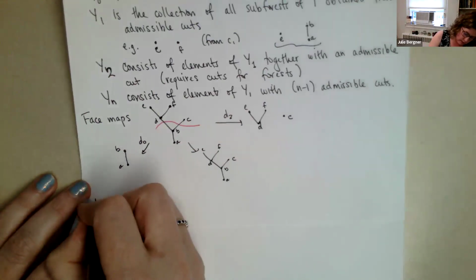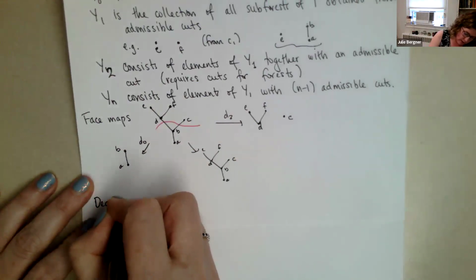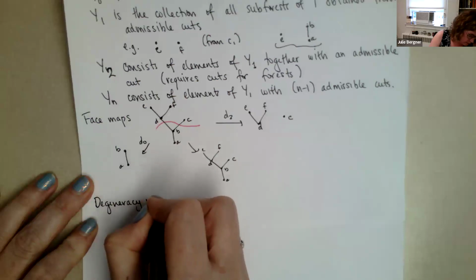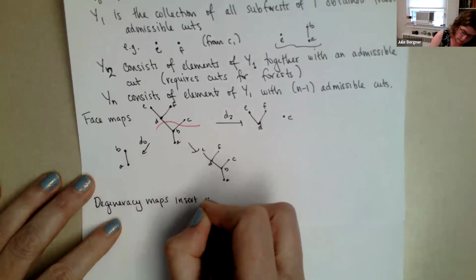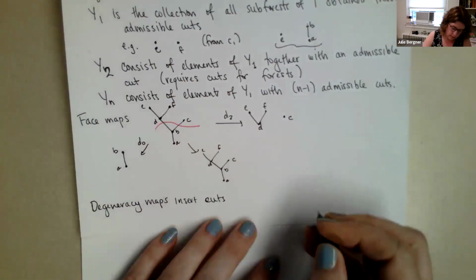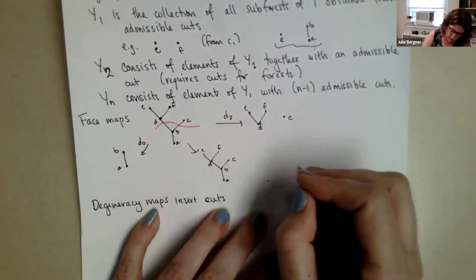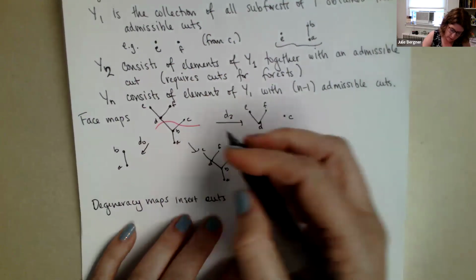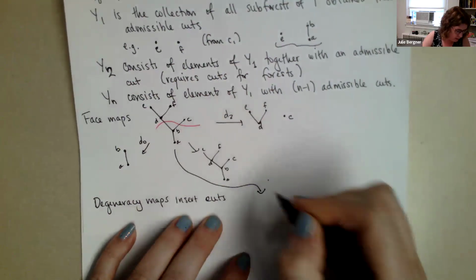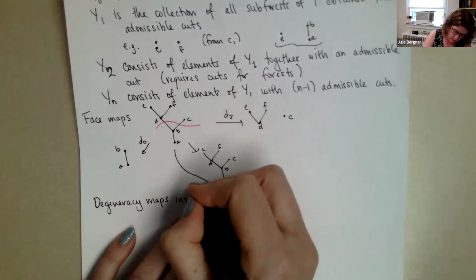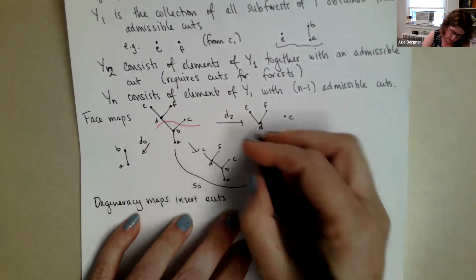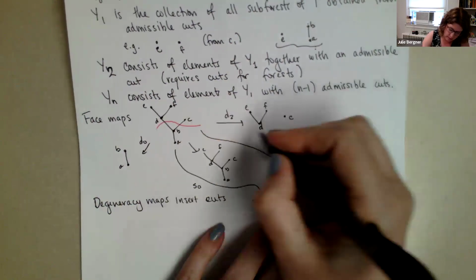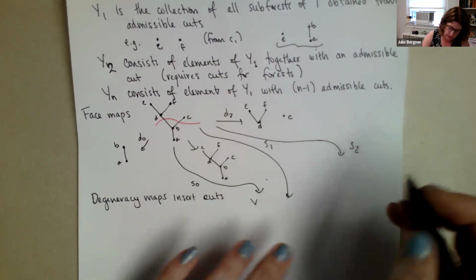And then degeneracy maps insert cuts in uninteresting ways. So again, I'll just start with this same tree. There should be three degeneracy maps, so this would be S0, S1, and S2.